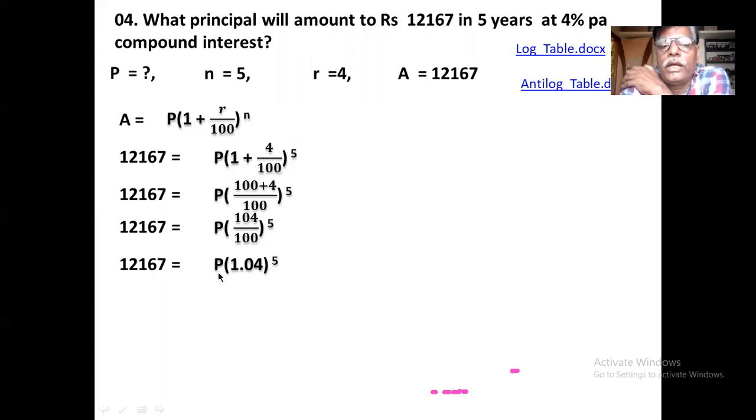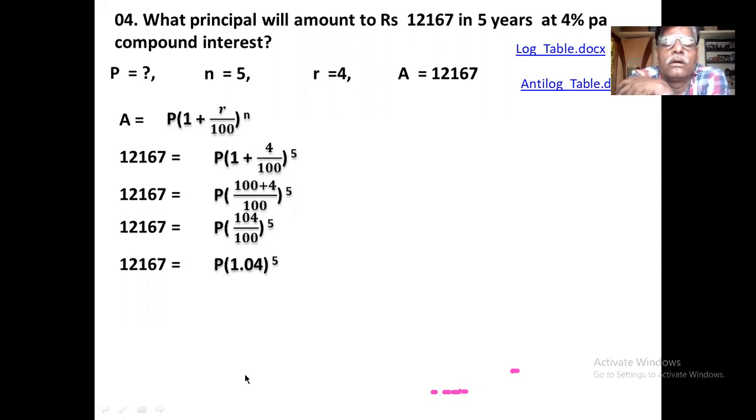Keep the P there and take the remaining bracket to the left hand side. What is the next step? You don't know the mathematical rules? Whenever you jump from one side to the other side of the equal to sign, what happens?